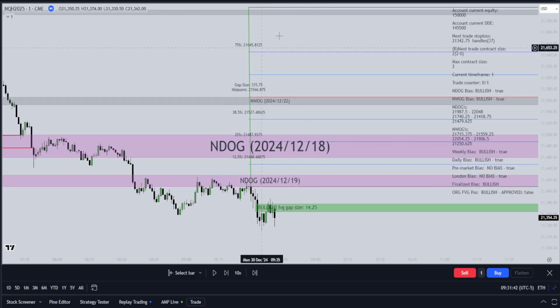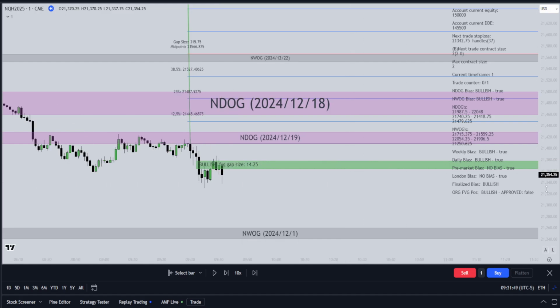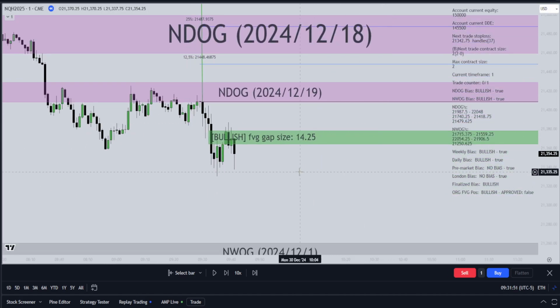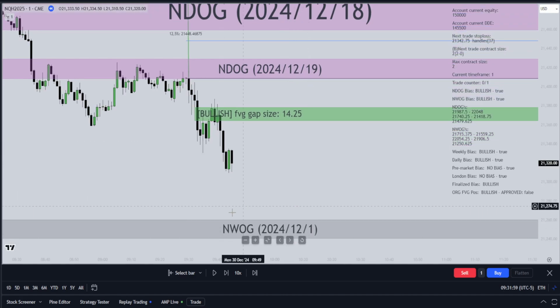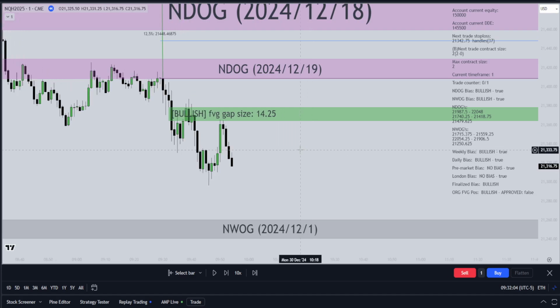And in confluence with the higher time frame analysis, our algorithm telling us to be bullish, we'll be looking for longs this day. And we have our first presentation created here, but we never close above it. We actually go to the first new week opening gap of this month, as you can see eventually.